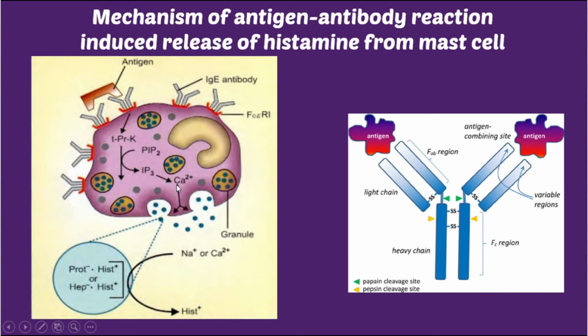Whenever there is release of calcium and activation of protein kinase C, they ultimately cause exocytosis of these granules. As soon as these granules come out, they are present in extracellular fluid. As we have seen, histamine is bound with negatively charged protein or heparin, so there is exchange of sodium or calcium with histamine, and histamine is set free in extracellular fluid. So this is how histamine is released.